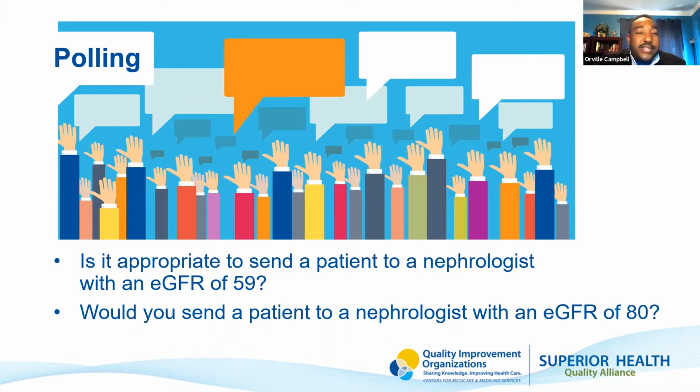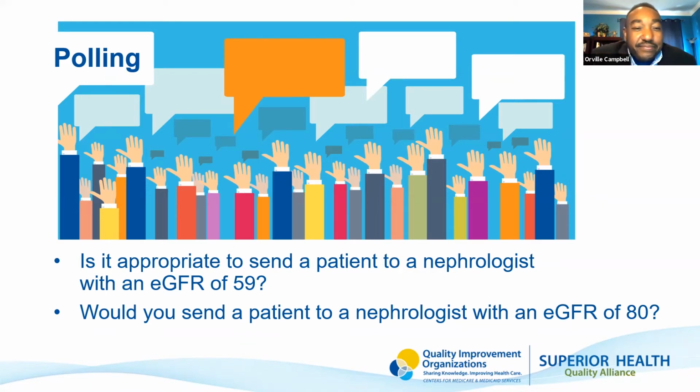So first question to consider, is it appropriate to send a patient to a nephrologist with an estimated GFR, or eGFR, of 59? The next question to consider, would you send a patient to a nephrologist with an eGFR of 80? We'll ponder those and we'll get to the answer a little later on in this presentation.